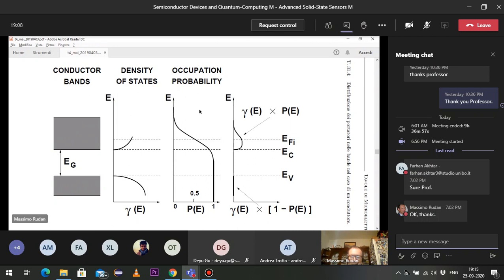Since we are at equilibrium, we can talk also about temperature proper. So assume that we change the temperature of the crystal, and then we estimate again the concentration.